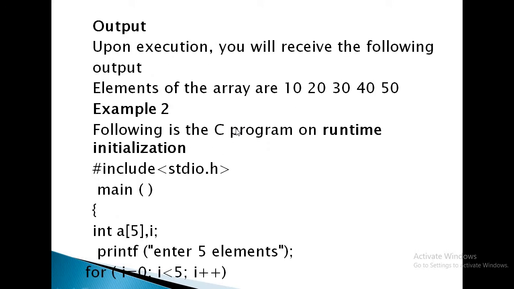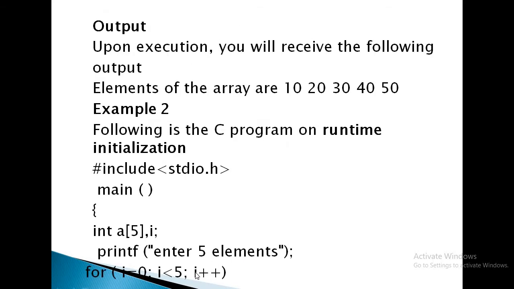And the second one is runtime initialization. For runtime initialization, at the time of running the program, the user has to enter the inputs. So here we declare the integer, the array name, and then i. Printf: enter 5 elements.